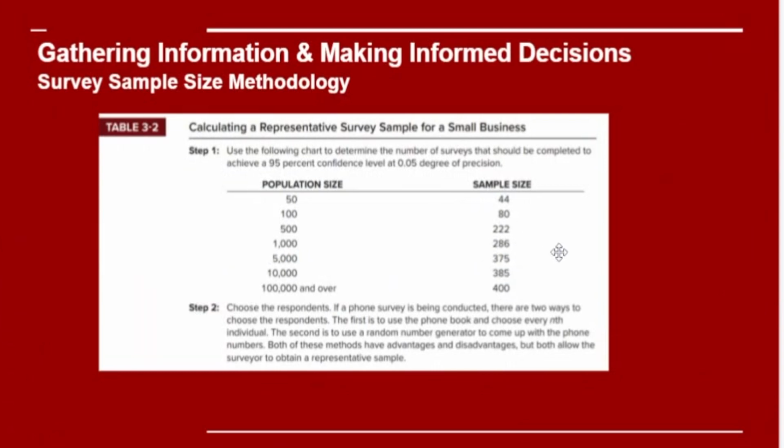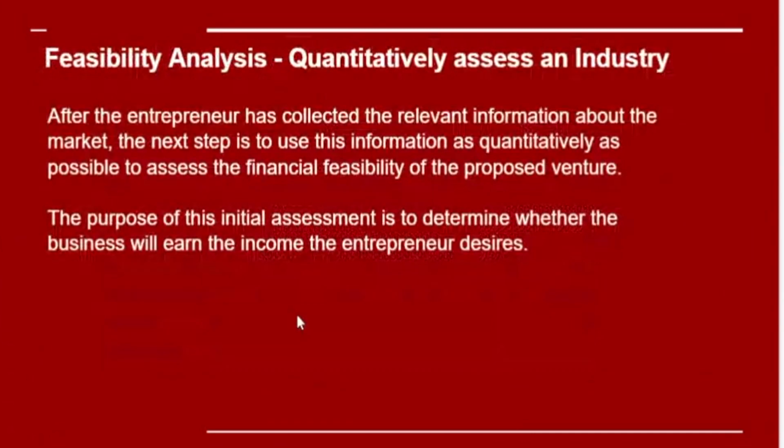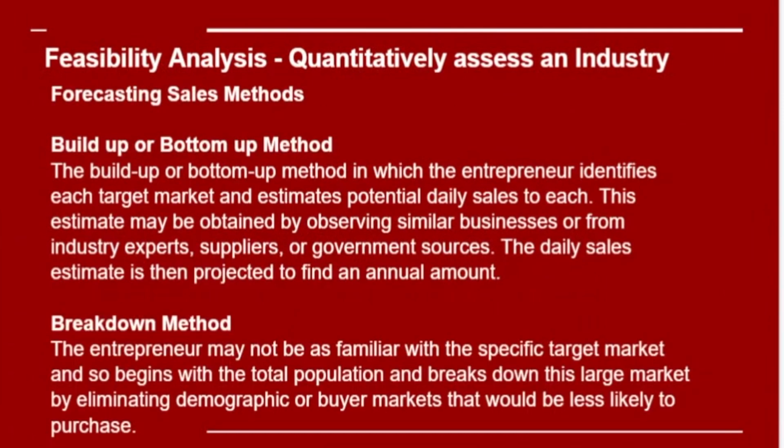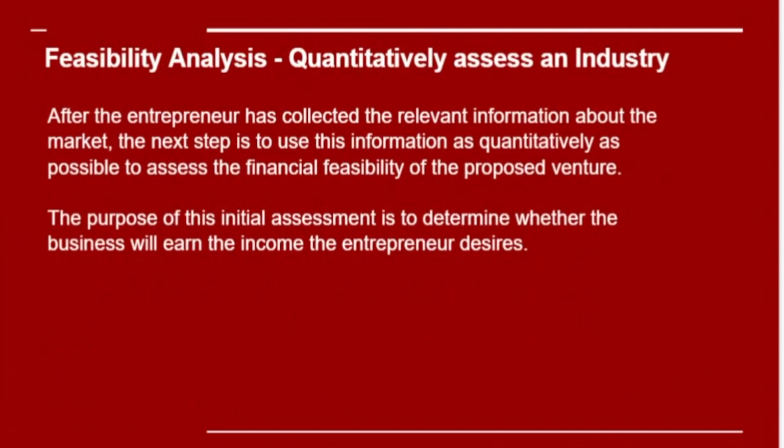This has to be a representative sample as opposed to just a sample. So whenever you're doing a survey, it can be quite extensive what you need to do in order to get good information. And you'll get better information if you roll somewhere between 10,000 and 385. So, you're looking at close to 400 responses that you need to get back.